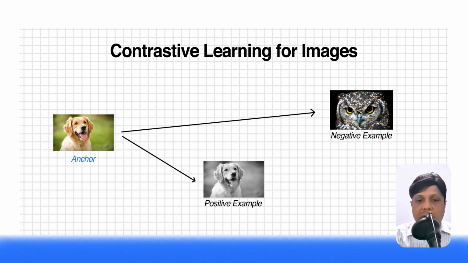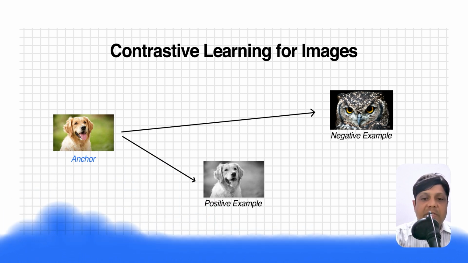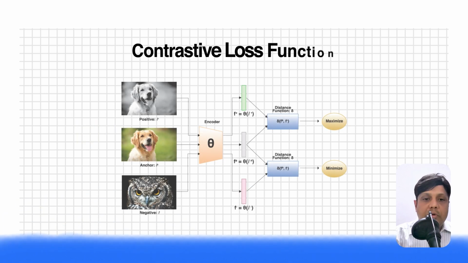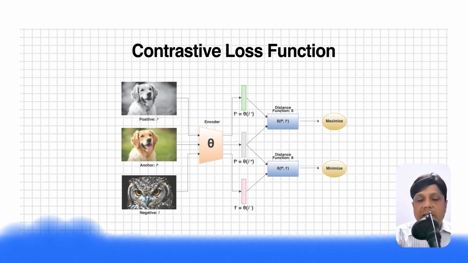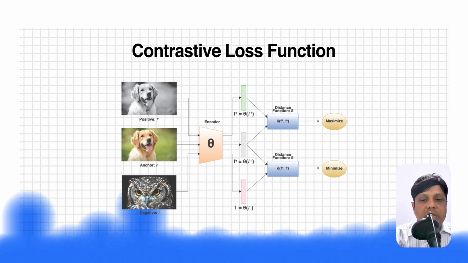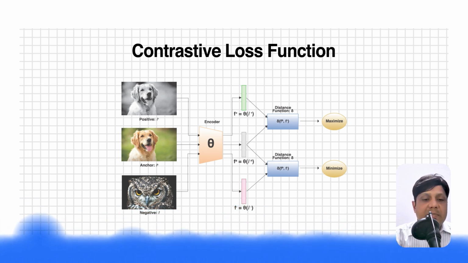So this is how contrastive representational learning works. We encode all these three images, and the idea is to minimize the distance between the anchor and positive image and maximize the distance between the anchor and the negative image.